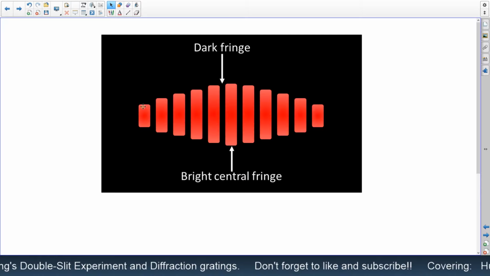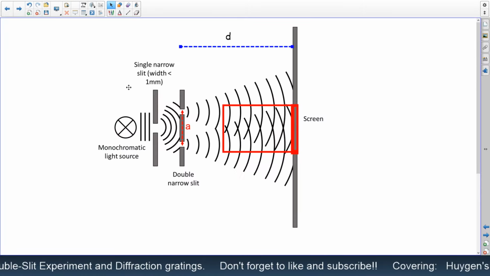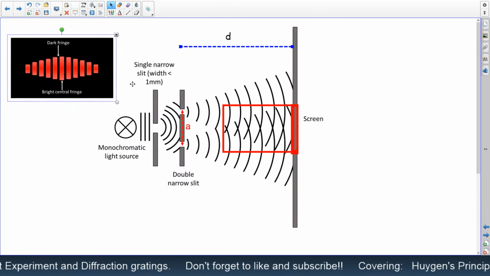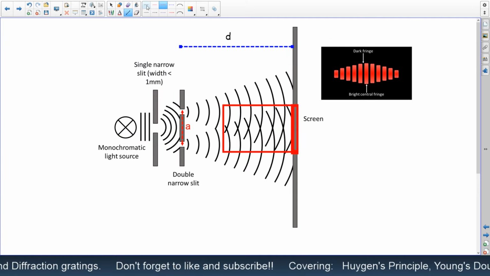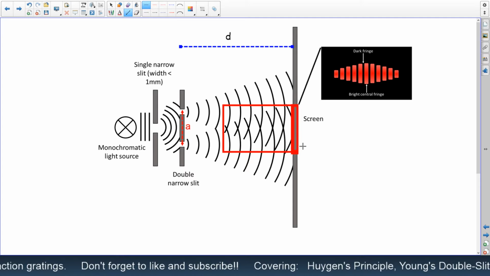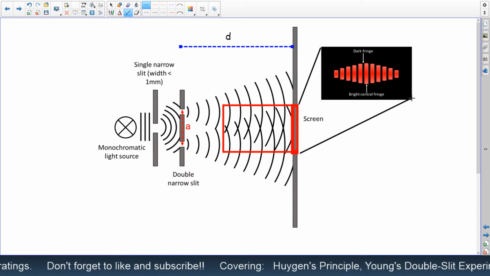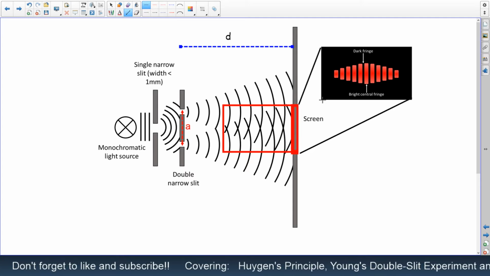On the screen, I'm going to grab my little picture here. So on our screen here we get this image.